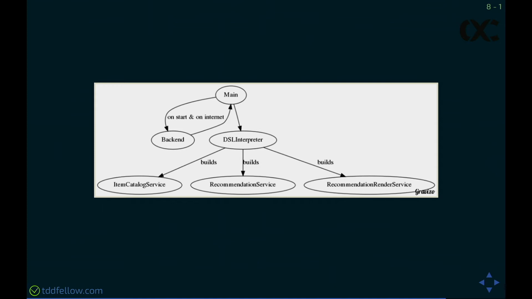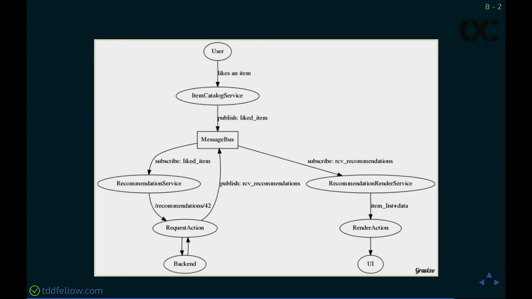Then it will ask the cell interpreter, which would be a module in a system, a class or multitude of classes or functions, what have you, to build different handlers. Basically, those are just event handlers. As you have noticed in the cell that I mentioned, it's all about PubSub. And then finally, when the system is actually working, a user likes some item, and this will generate an event by the item catalog service called liked item.